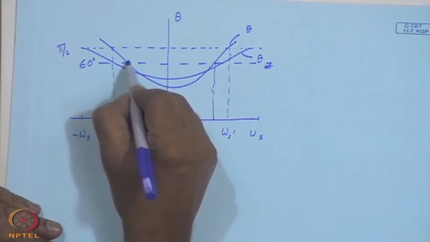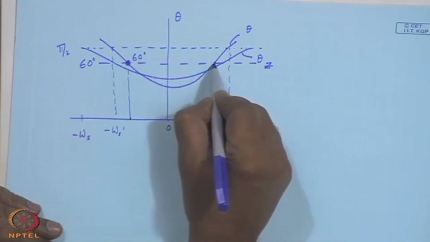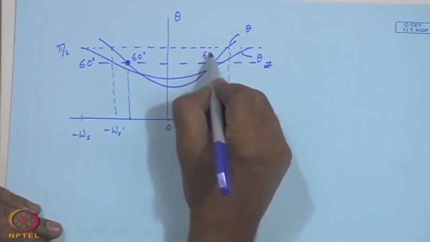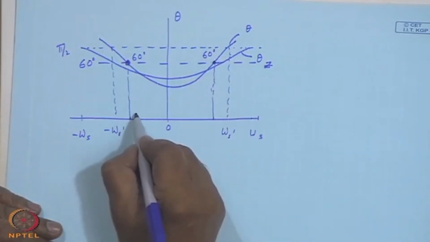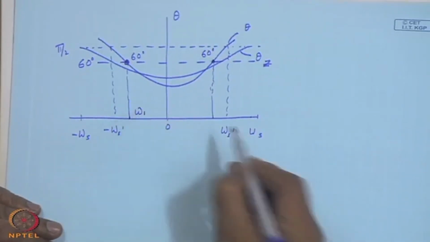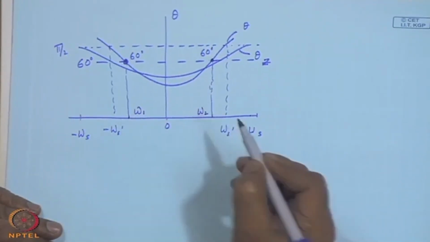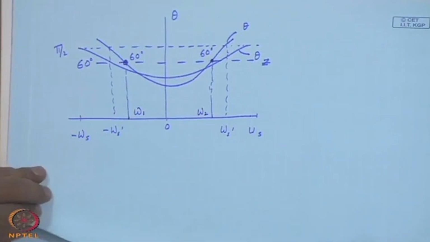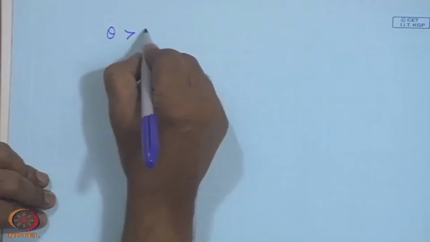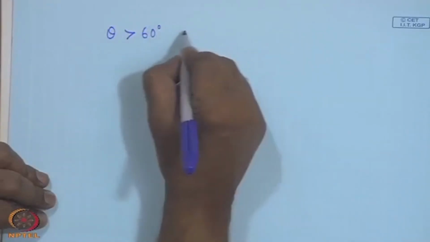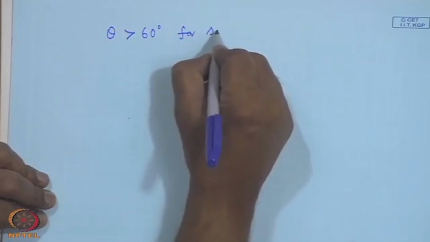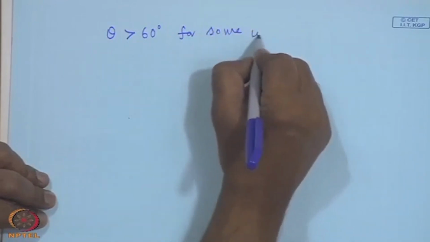So, this point is 60, which will be occurring in general at omega 1 and omega 2. So, in other words, theta can be more than 60 degrees for some omega.